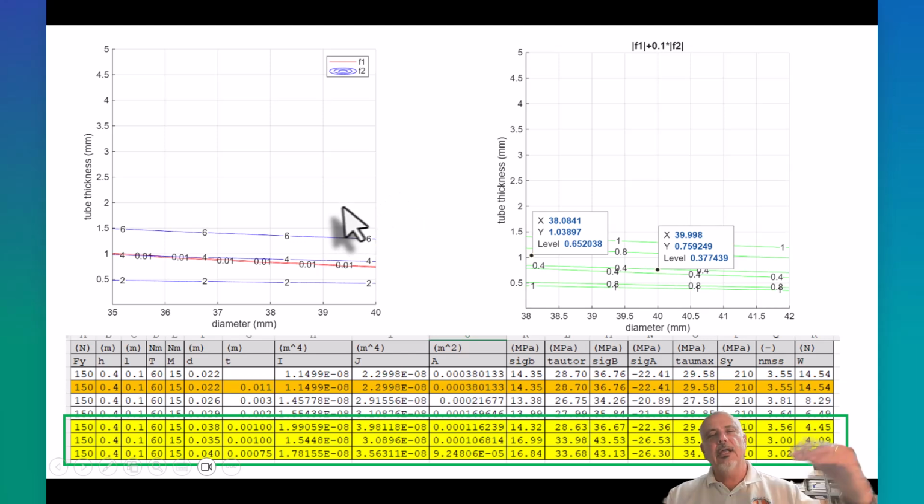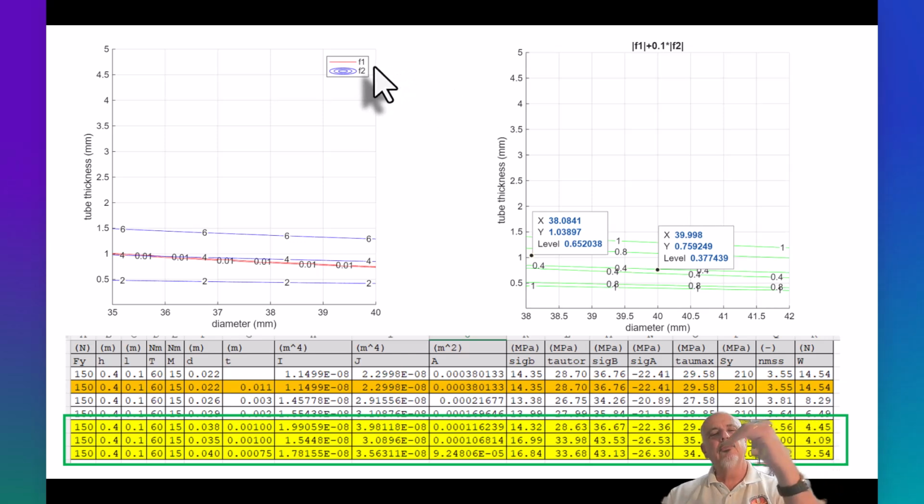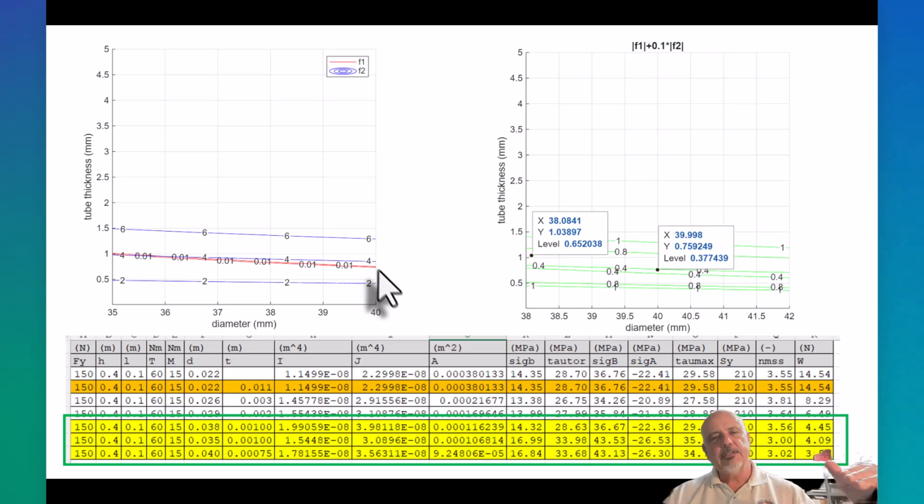Okay. So I did 2 contours. F1 is red, and I just wanted to show that 0.01 valley that we're looking through.